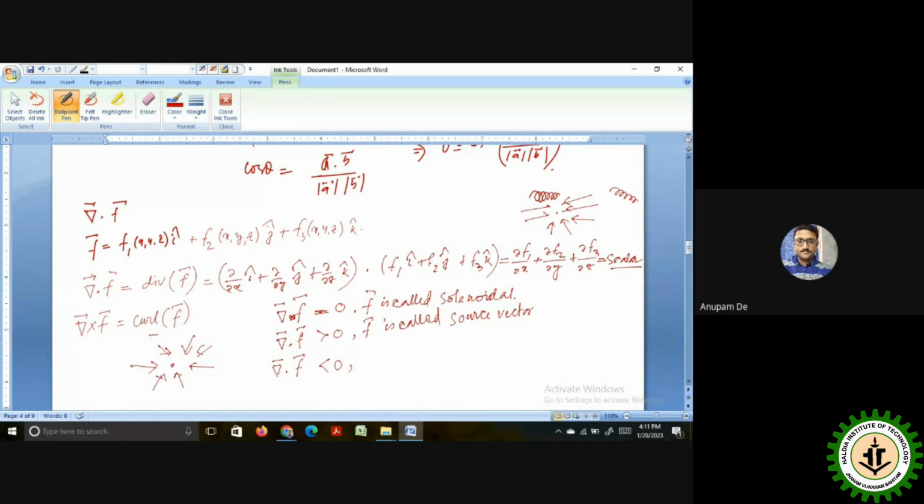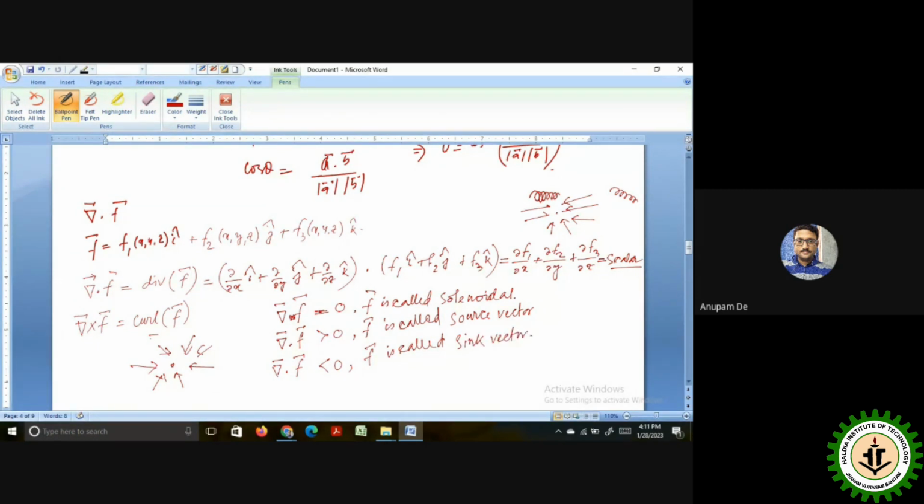He or she will be a sink, like a water sink, where everything drains out through a pinpoint or a hole. In that case, f will be called a sink vector.